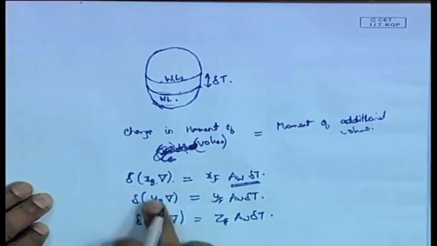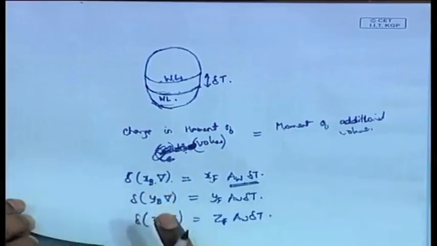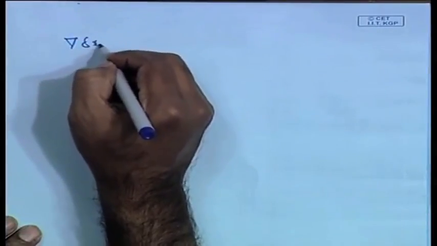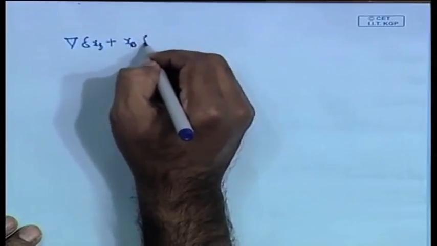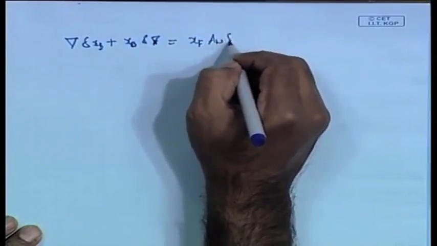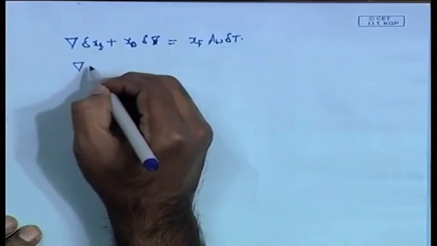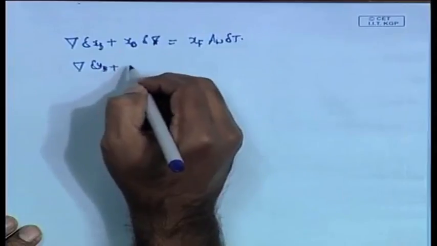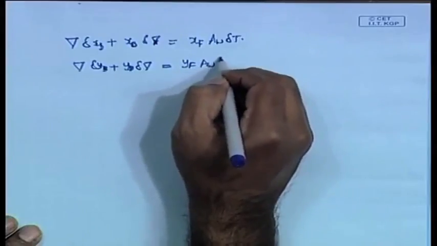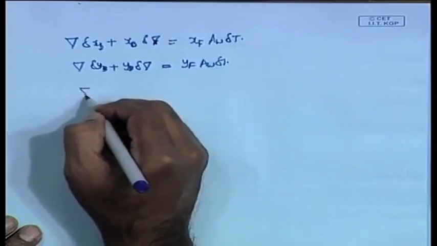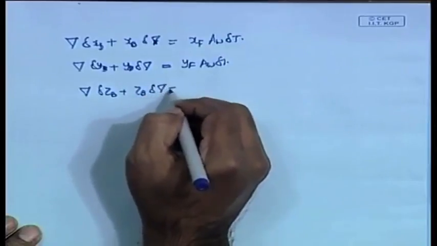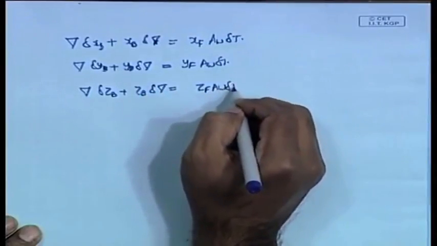Now, we can expand this, as it is a product of two terms, and we can expand the derivative of a product. That gives del into delta x b plus x b into delta del equals x f into A w into delta t, del into delta y b plus y b into delta del equals y f into A w into delta t, and del into delta z b plus z b into delta del equals z f into A w into delta t.